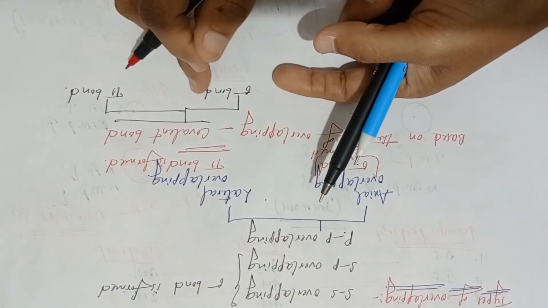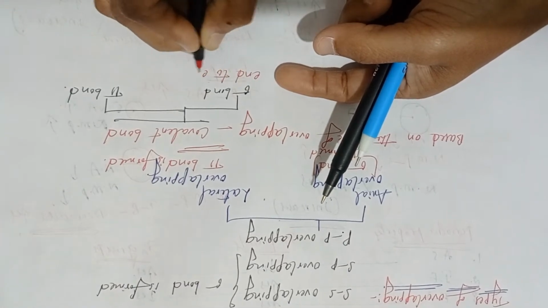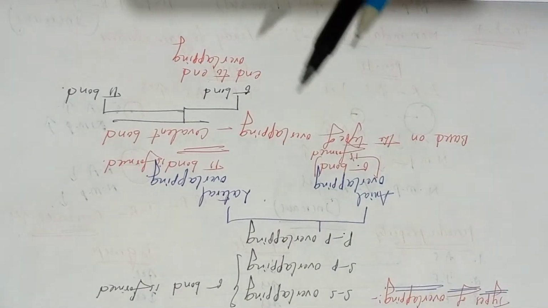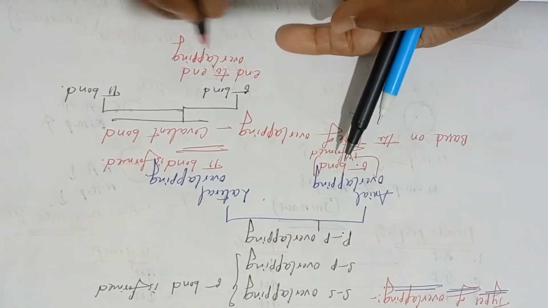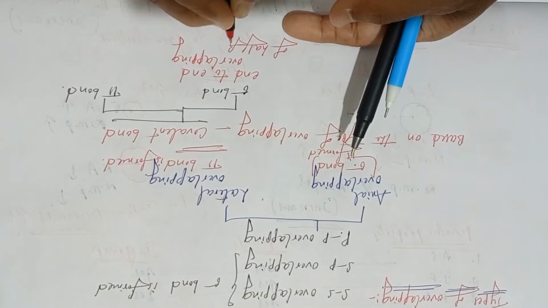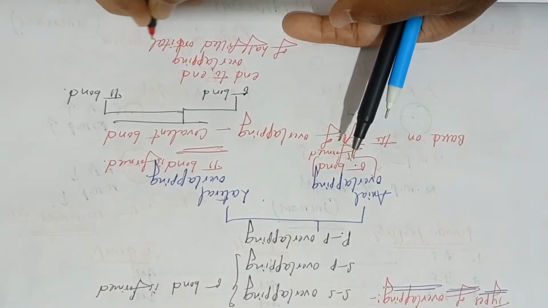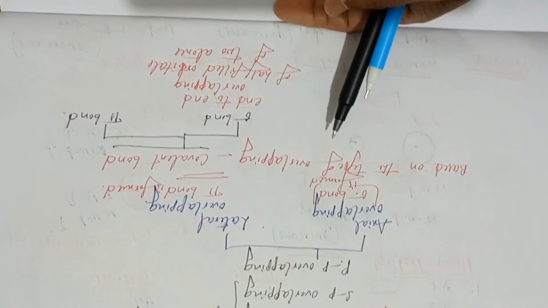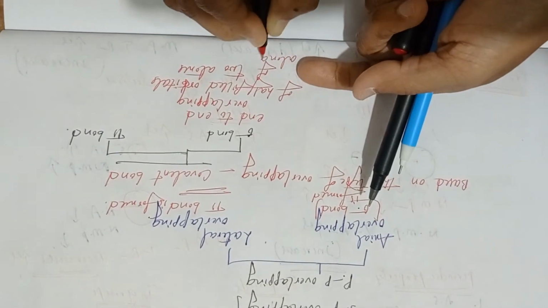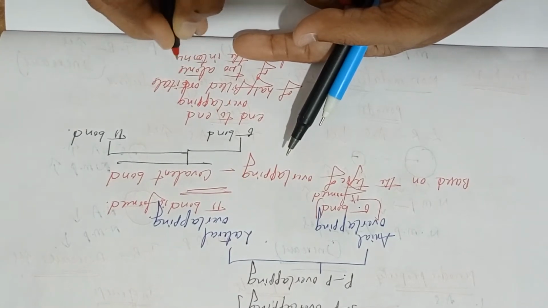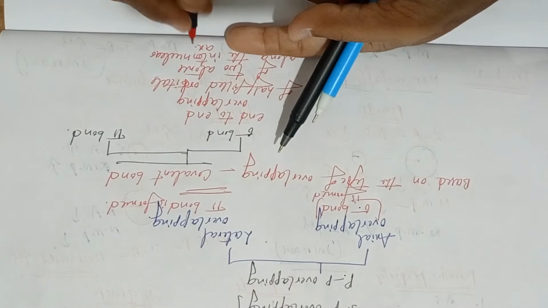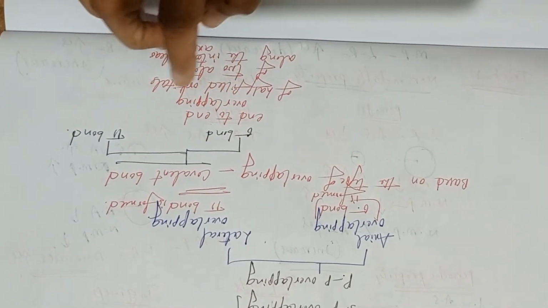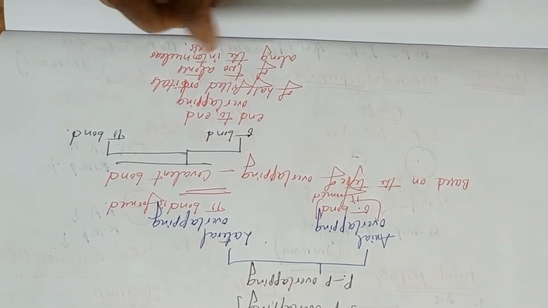It is formed by the end-to-end overlapping of half-filled orbitals of the two atoms along the internuclear axis.